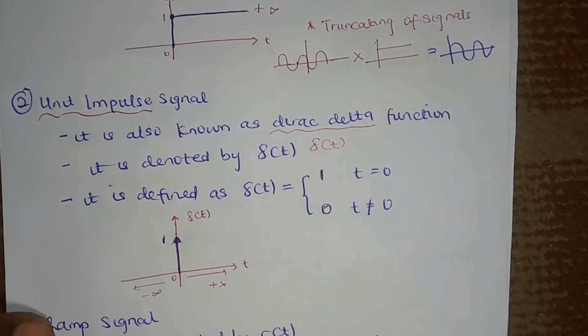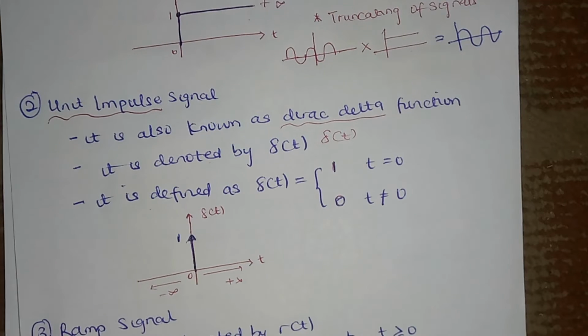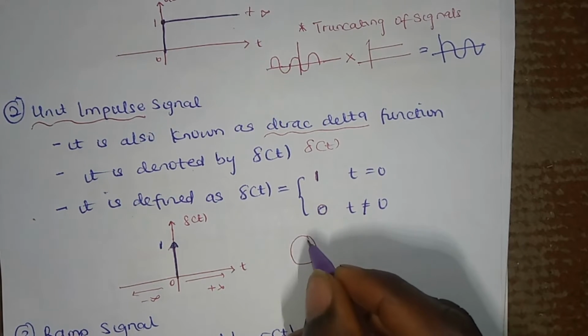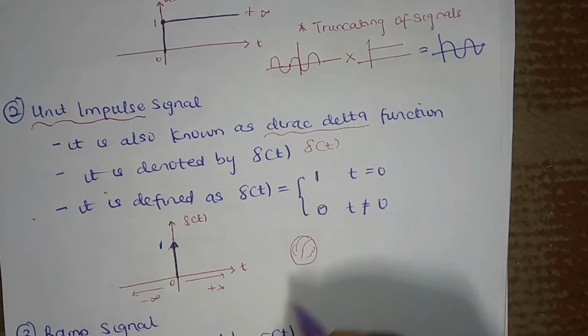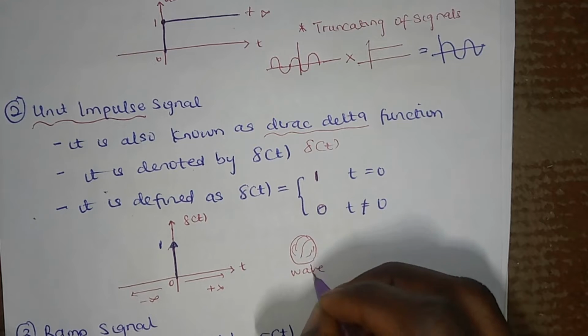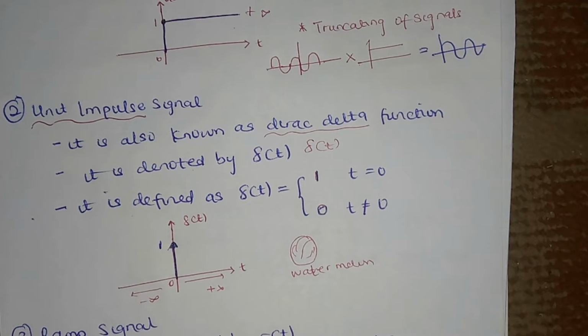Now you might ask, what is the use case of a unit impulse? The use case works this way. Let me give you an example. Assuming we went to the market to buy watermelon, and you want to know if the watermelon is quite good. What do you need to do?